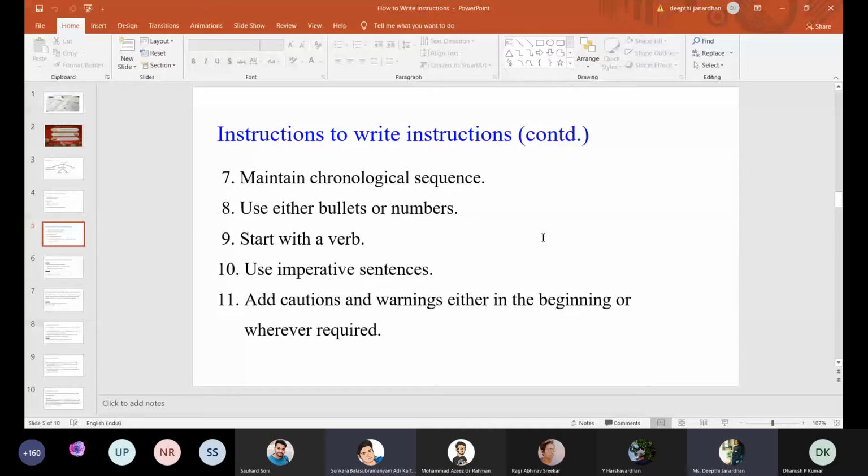Okay, if I have to go back to history, when did we get our independence, my child? August 15, 1947. And when did our constitution come into existence? January 26.